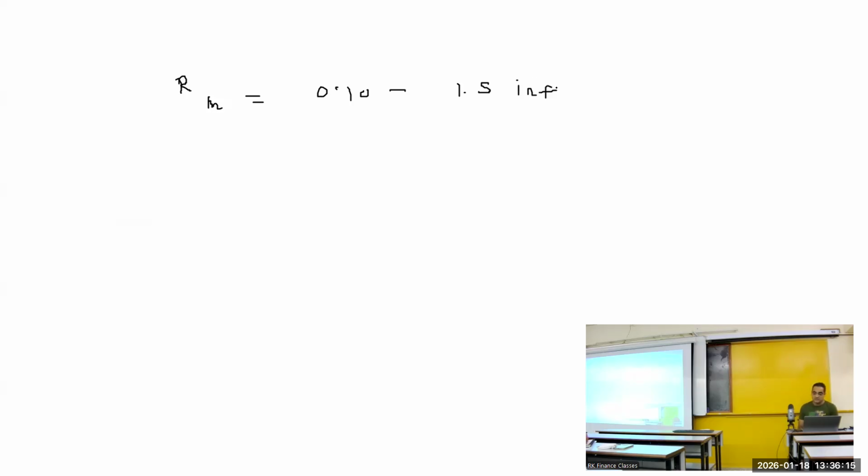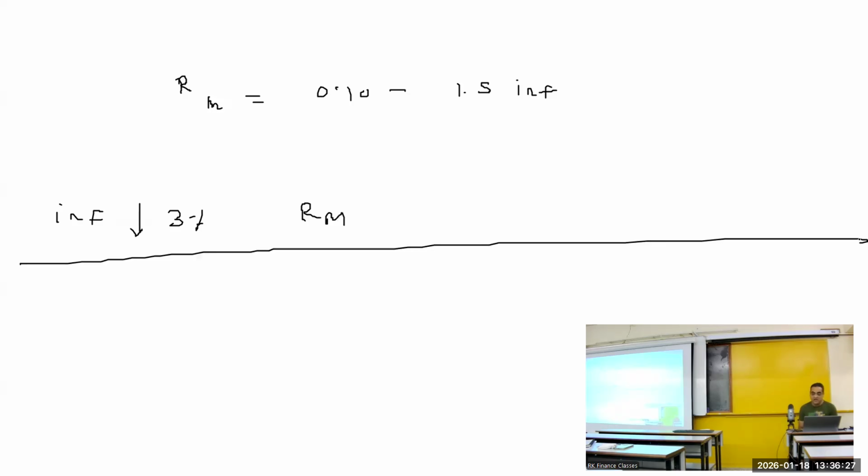The question is, inflation goes down by 3%, what will happen to returns of market? And the second question: returns of market is equal to 0.07 plus 0.03 into G. If G is 8%, what is returns of market?